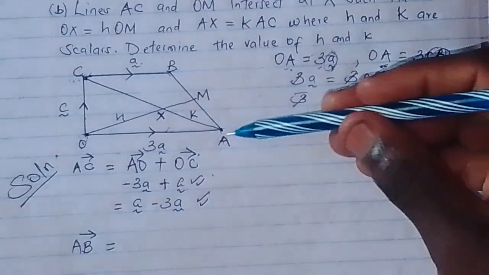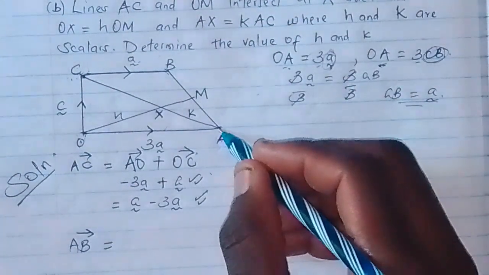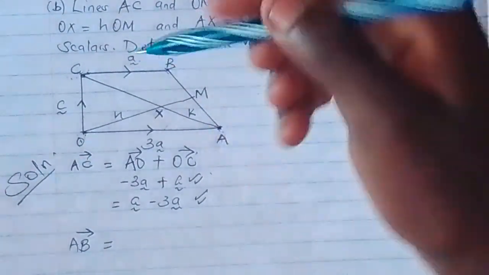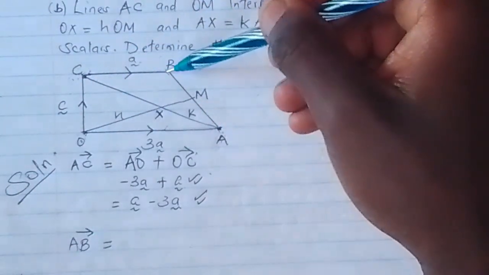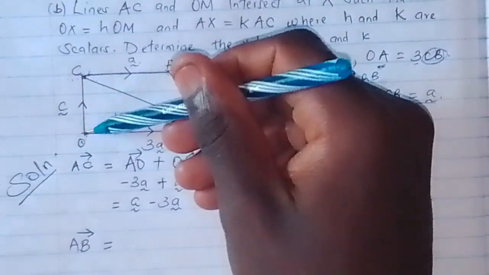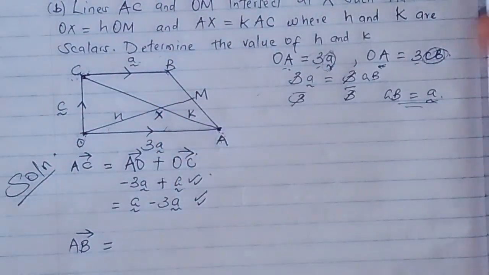Vector AB, we can get by moving from A to C, then C to B, or A to O, O to C, C to B, but that is a bit long and tiresome.